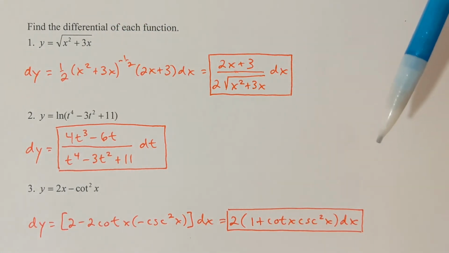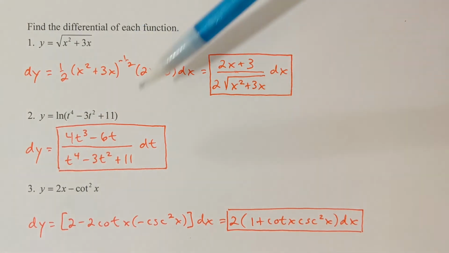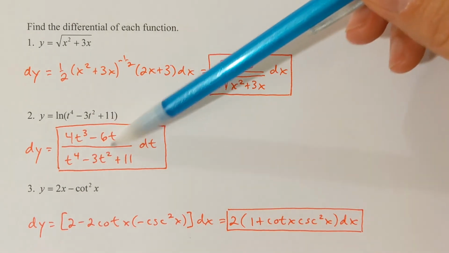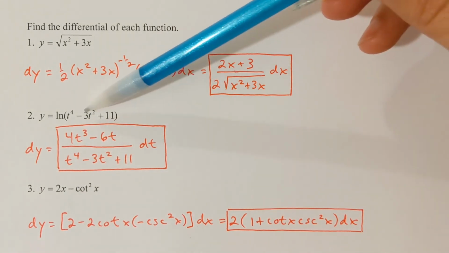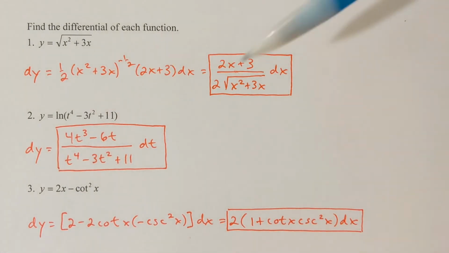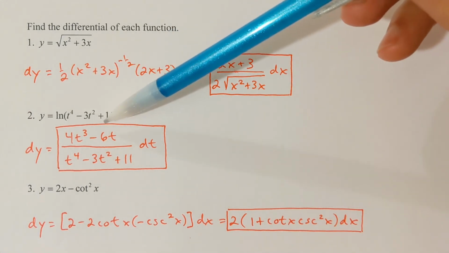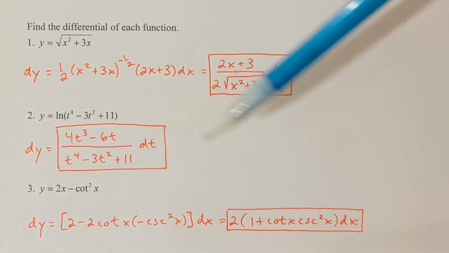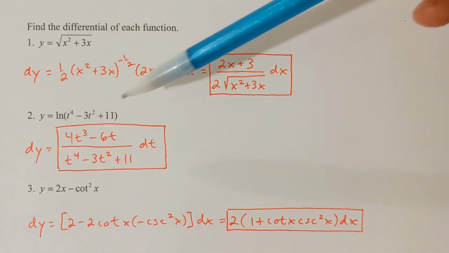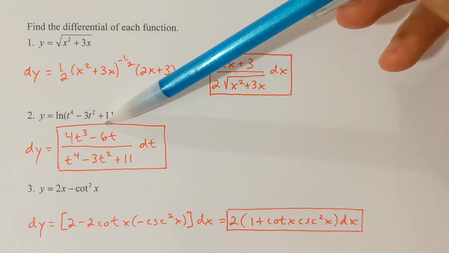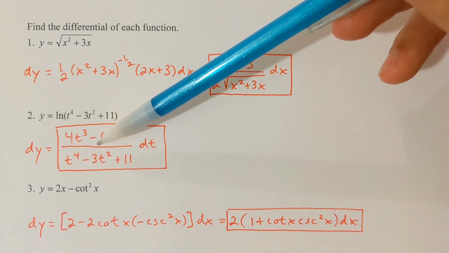How about problem 2? We want to find the differential dy. Well, I need to find the derivative and then just tack on a dt since the variable is t for this problem. The derivative of the ln of an expression is 1 over the expression times the derivative of the expression. So I'm going to say 1 over t to the 4th minus 3t squared plus 11 times the derivative of that.